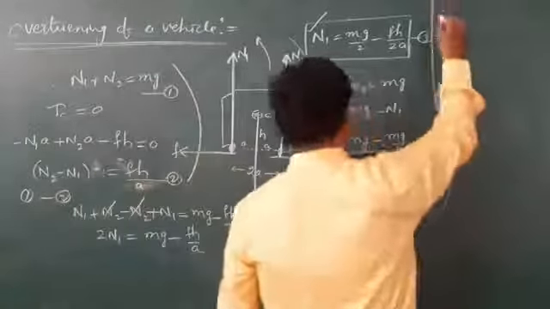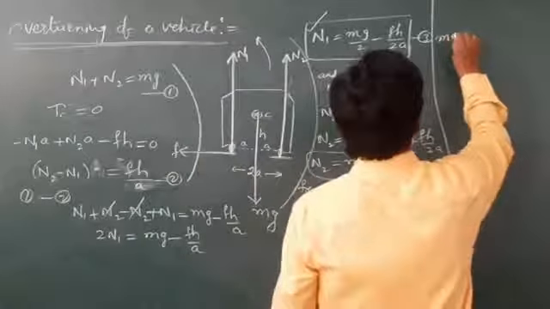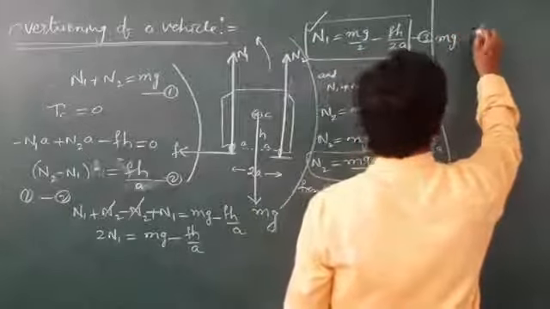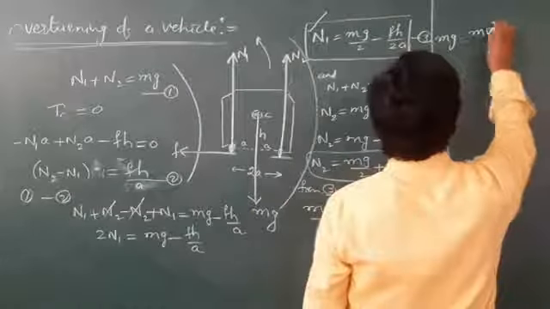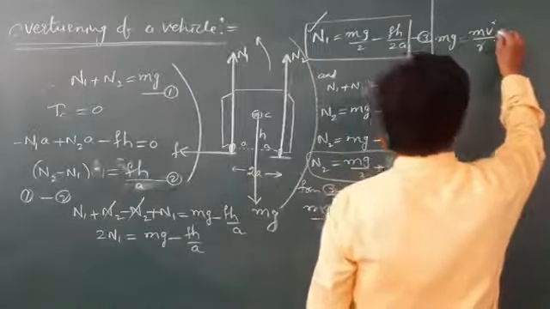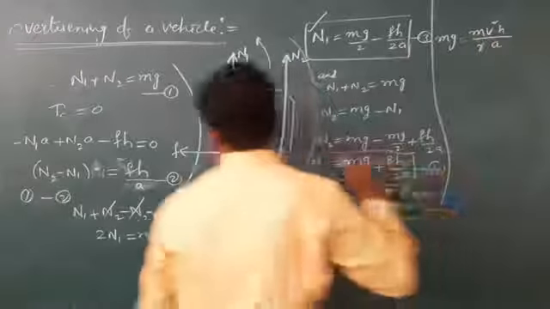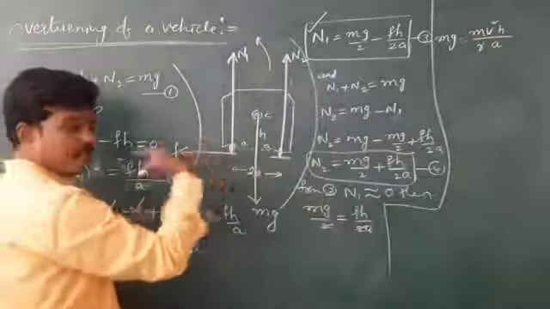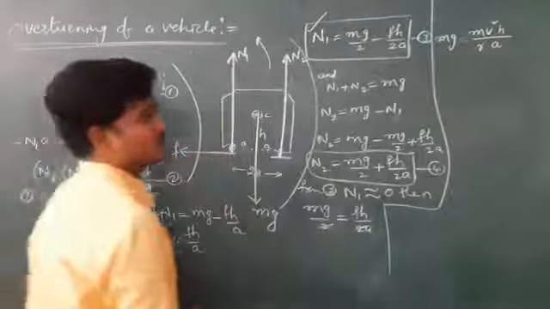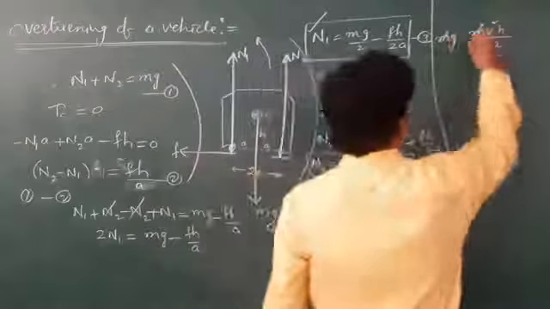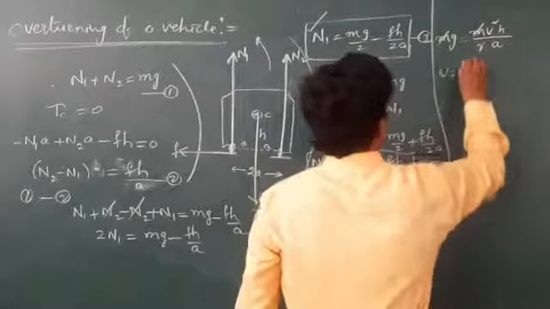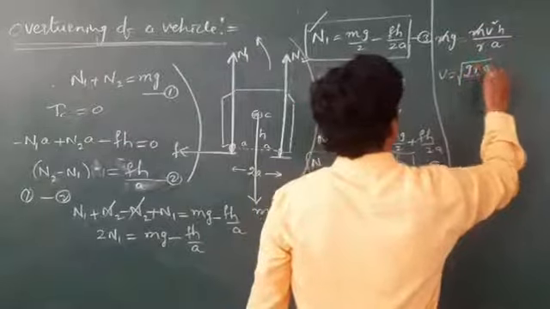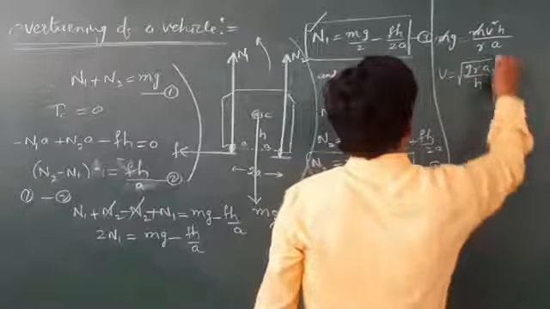So mg is equal to F. What is F? F is nothing but mv square by r, times h by a. So this F is nothing but the centripetal force. This frictional force is equal to the centripetal force. So v is equal to root of g r a by h.